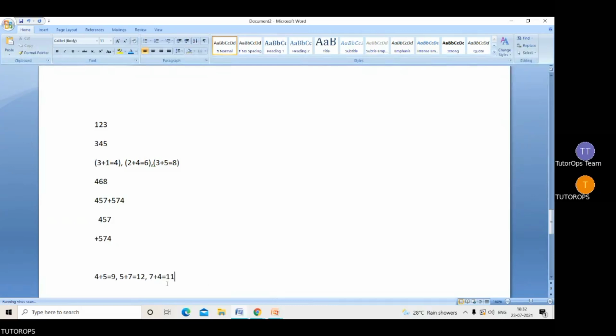So carry from the rightmost column, that is the third column, is 1, and we will add it to the middle column. Yes, and for the middle column, there is still another carry, and we will add those carry to the first column. So basically, we are distributing the carries from column to column.